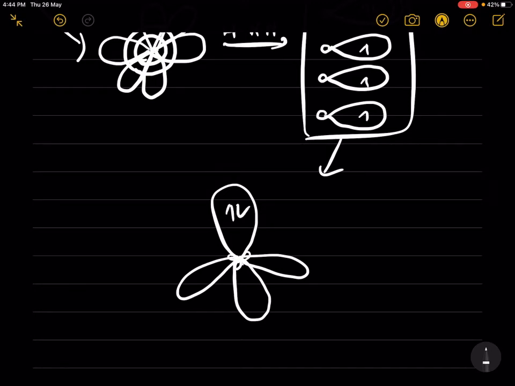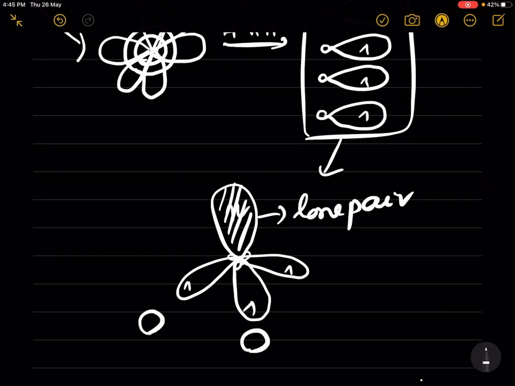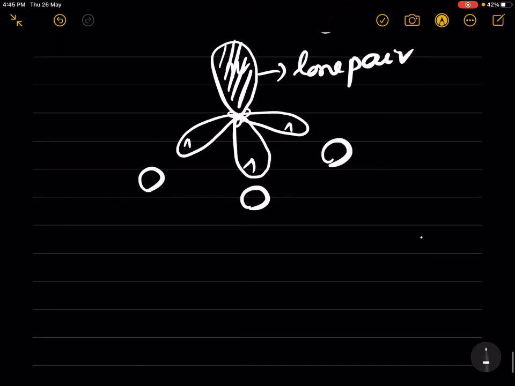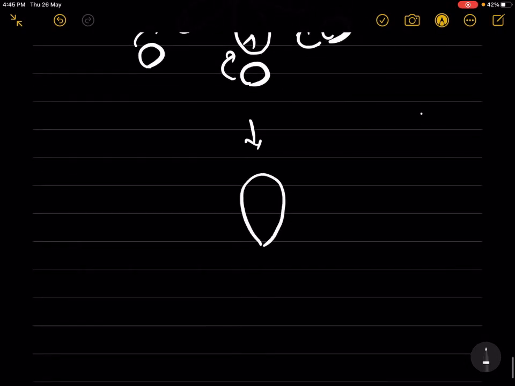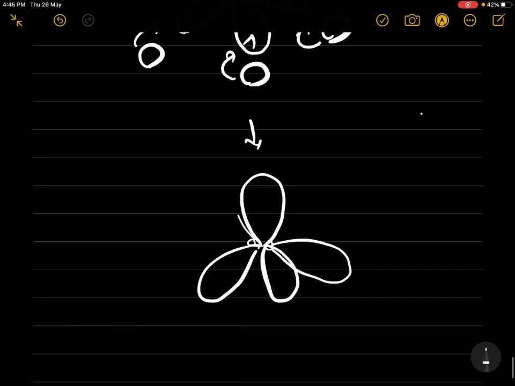It has 2 electrons. This will not form any bond with anyone. This will remain as a lone pair, but these 3 half-filled sp3 hybrid orbitals will form bonds with hydrogen atoms. So you will be getting this one slightly bigger.